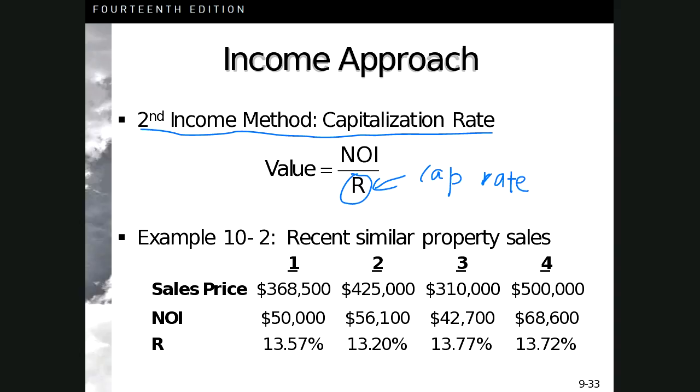Okay, so the net operating income is, if we look at the 4 examples that we had last time, we start from effective gross income, and we subtract from it all the operating expenses, and we subtract the improvement allowances or capital expenditure.